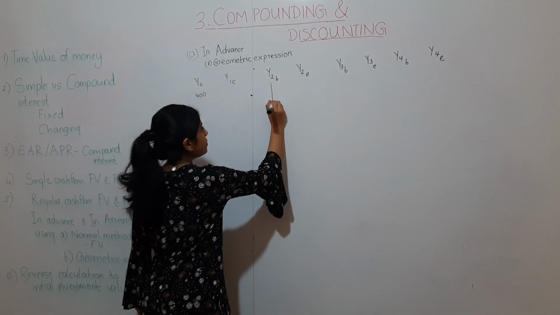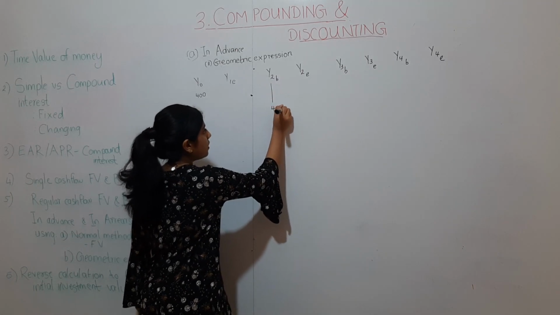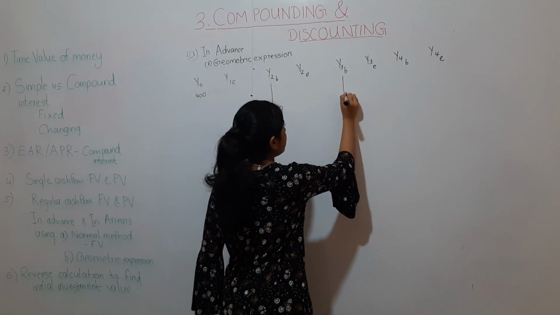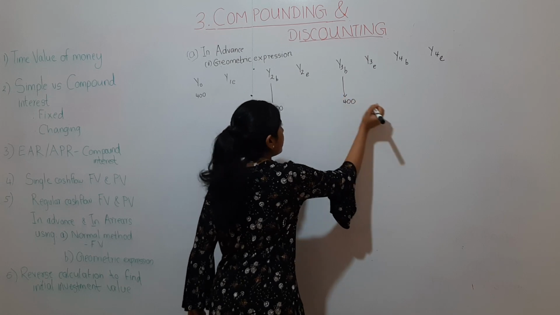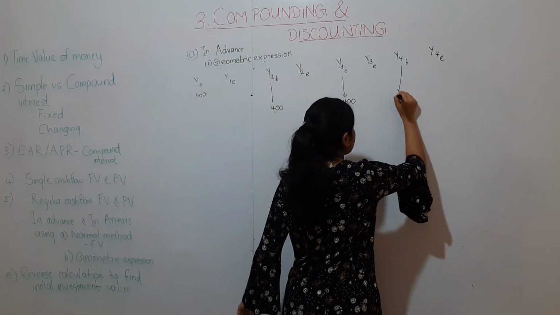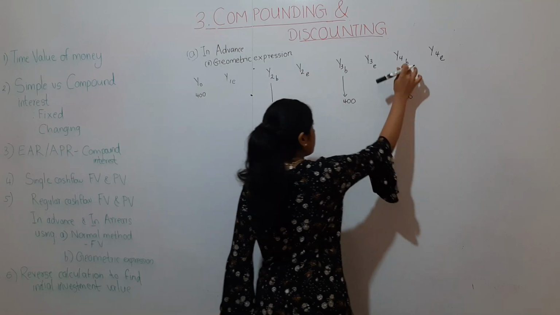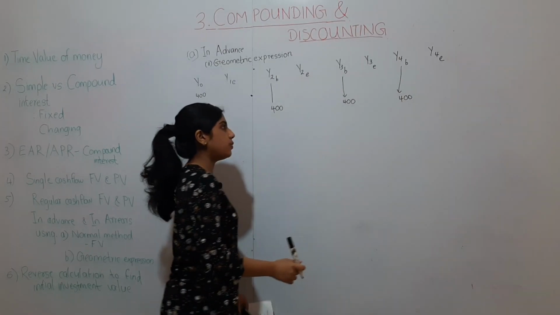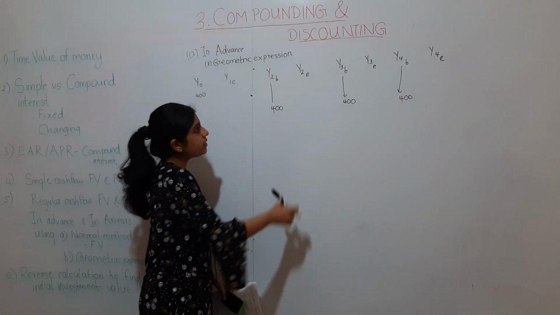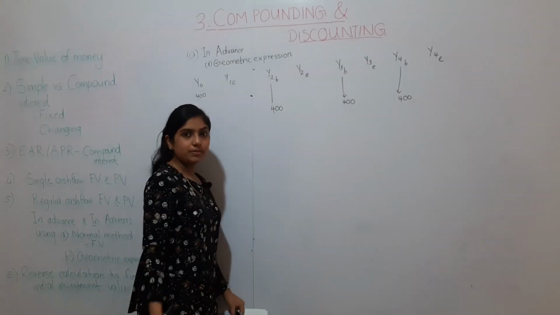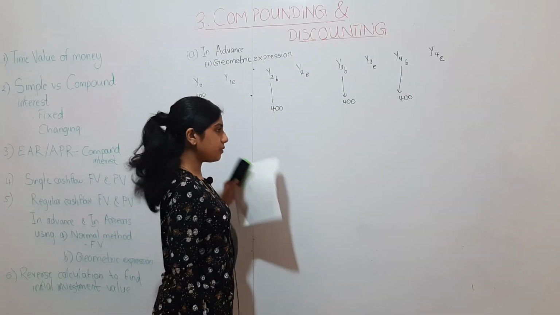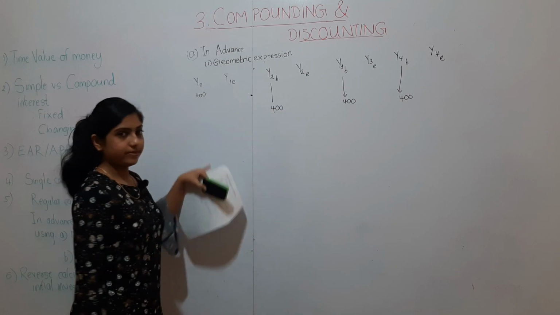And this is year 2 beginning 400, year 3 beginning another 400, and year 4 beginning another 400. Why did we go up to year 4's beginning? Because the question said that there will be 3 payments made after the payment made today.